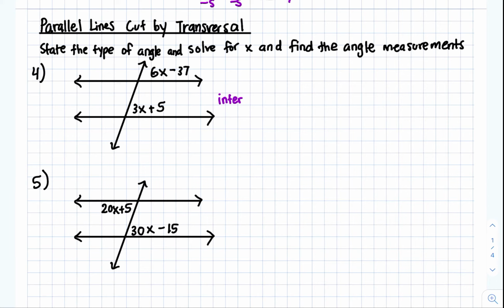We have interior angles here in this region, and we have exterior angles out here. Now look, we have a pair of an exterior and an interior angle, and if you guys notice, these are a pair of corresponding angles.